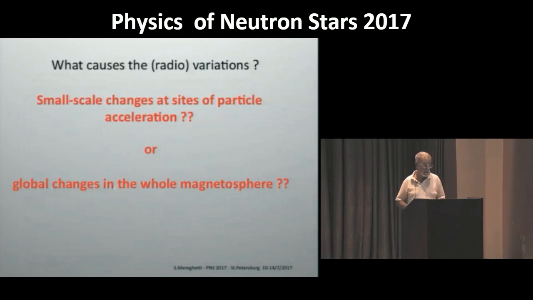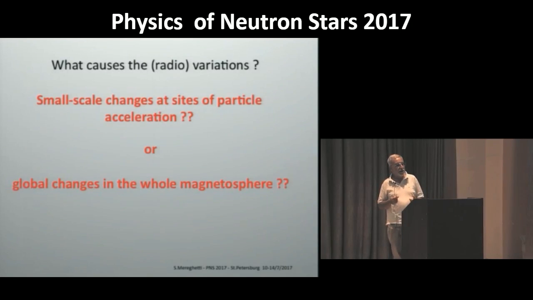And a question that we are trying to ask is the following: are these changes something in a sense minor that occurs just at the sites of particle acceleration? After all, in the radio band, we know that only a small fraction of the available spin-down power is emitted.